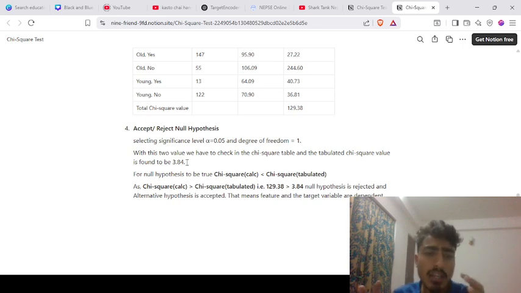Means if the chi-square calculated value comes greater than the tabulated value, then there is a dependency between the feature and the target. If not, we accept the null hypothesis, means there is no significant dependency between them.